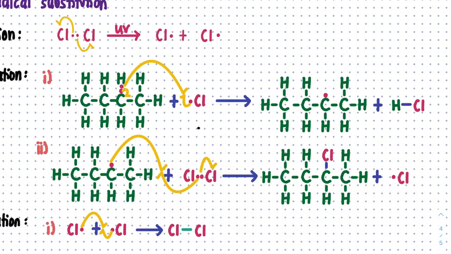Again, even though it is fine if you want to draw it as Cl-Cl, it will be easier for you to draw the dot, just to show that the electron will be split equally.